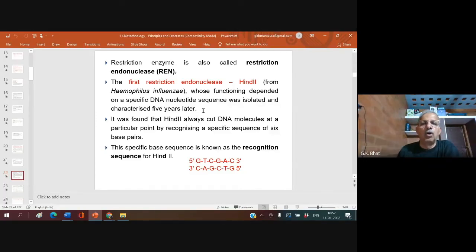Haemophilus influenzae, whose function depended on a specific DNA nucleotide sequence, was isolated and characterized 5 years later. I'll tell you about this specific DNA nucleotide sequence.